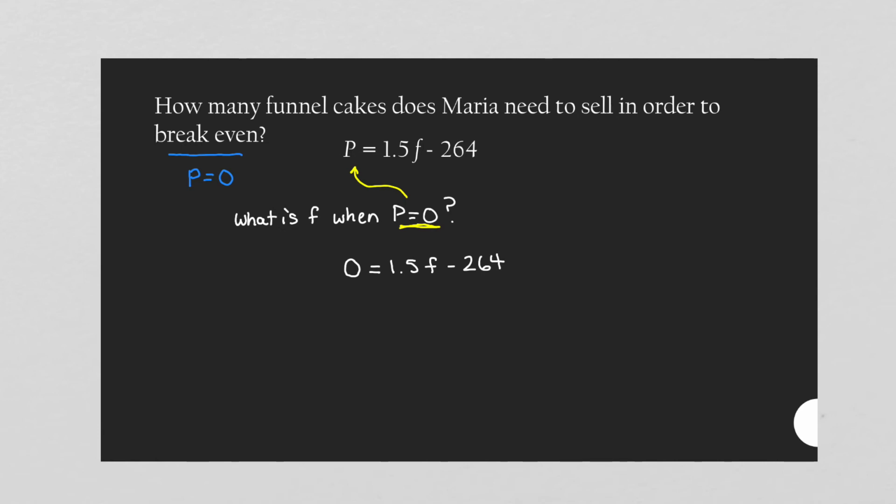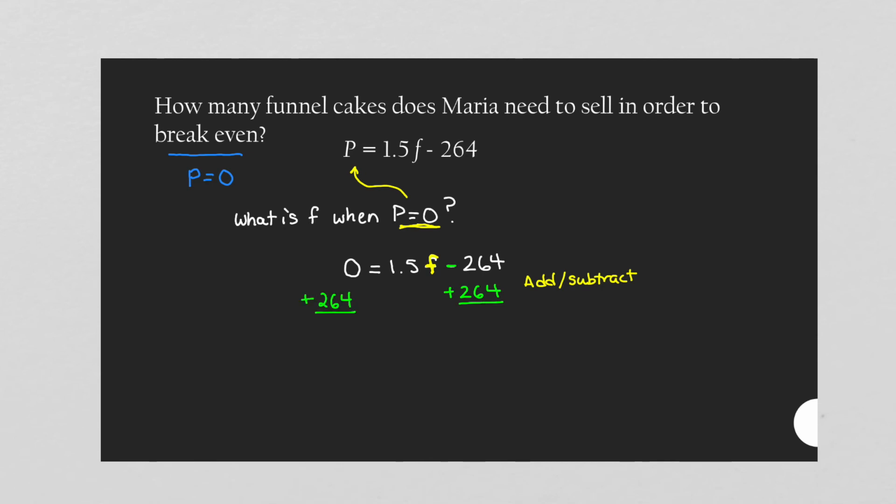Let's recall our steps. We want to isolate the variable F, and our first step is to do the addition-subtraction property of equality. In our specific case, we have to get rid of the minus 264, so we want to add 264 to both sides of our equation.